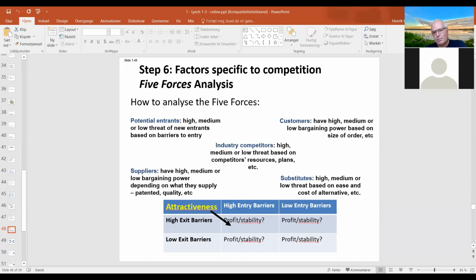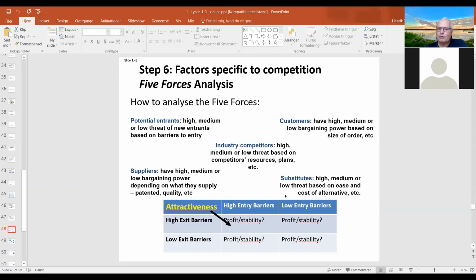Well, probably because it's difficult to get in, the profit will be high. But since it's also difficult to get out, the stability of the profit may not be that good. So we could say that high entry barriers generally might indicate that we would find high profit industries.